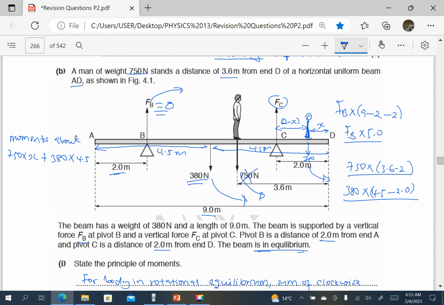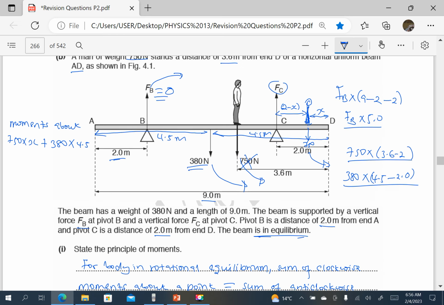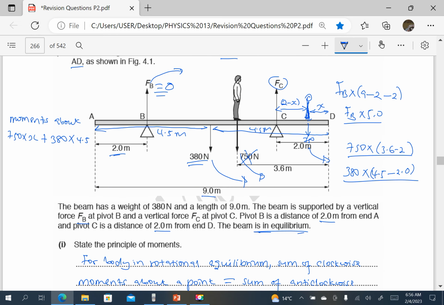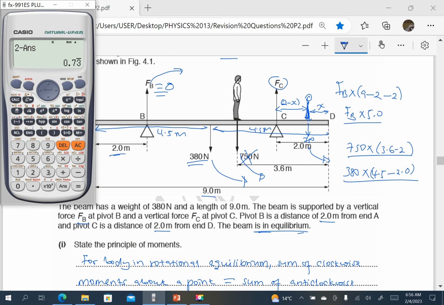Since FB is becoming 0, the force at C is going to be 380 newtons plus 750, which is 1130, the sum of the forces downwards.